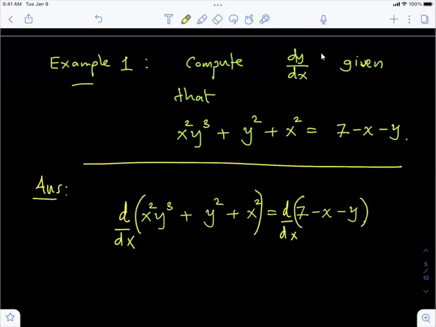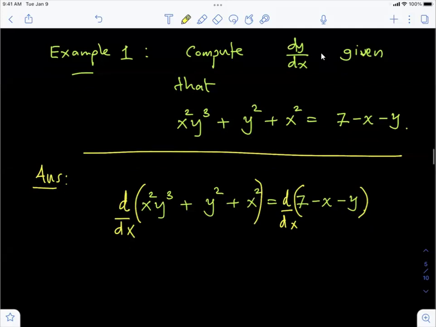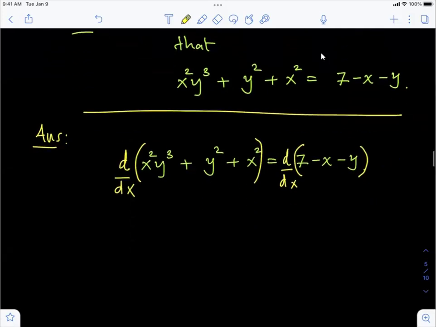What is the mathematical meaning of what we did here? We are simply saying we take the derivative of the left side and we take the derivative of the right side and we do both of them with respect to variable x.